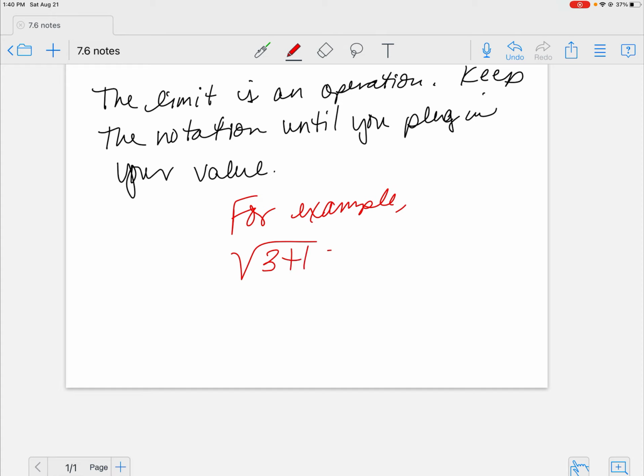Then you write this as the square root of 4. You're keeping the square root notation. You're just doing the simplification of the inside before you get to 2. Once you've done your simplification, you take the square root, then you write that 2 there. You do not just randomly have some number 4 and then automatically work it out with a 2.